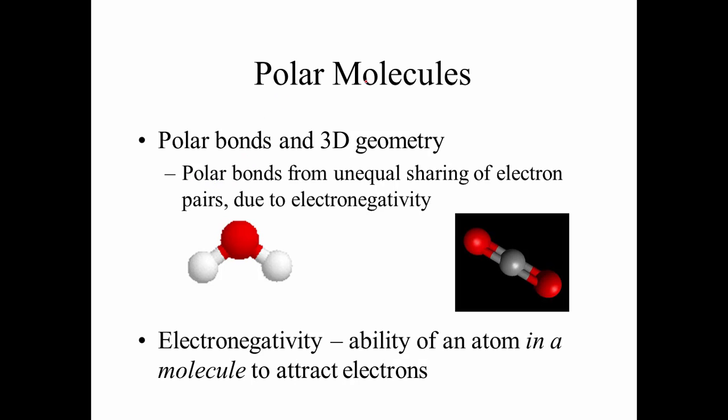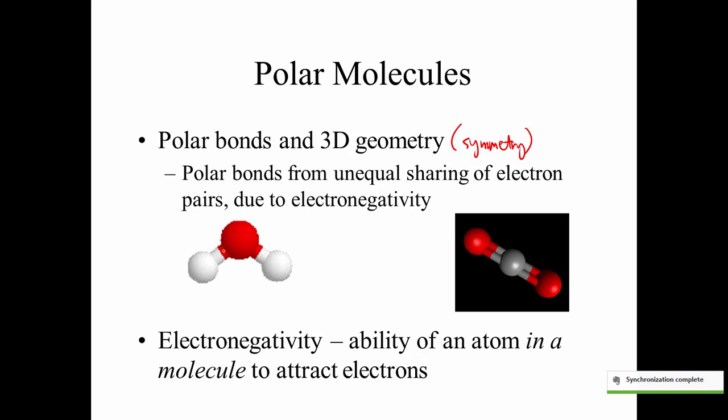Polarity of a molecule depends on the molecular geometry, the three-dimensional geometry in the molecule, and we can describe that using the ideal shapes we just talked about, as well as using the rules of symmetry, and the electronegativity, or the polar bonds in the molecule, which come from unequal sharing of electron pairs due to the electronegativity of each element.